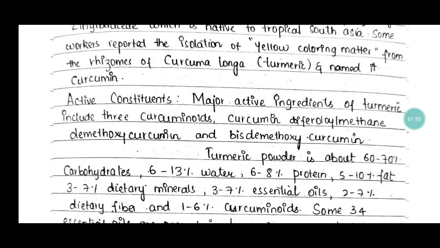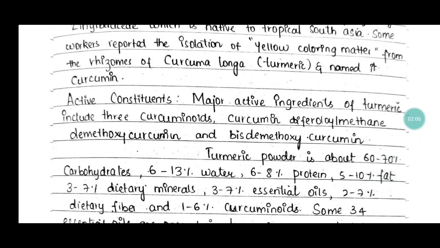What are the active constituents? The major ingredients of turmeric include three curcuminoids. First is curcumin, then demethoxycurcumin and bis-demethoxycurcumin.